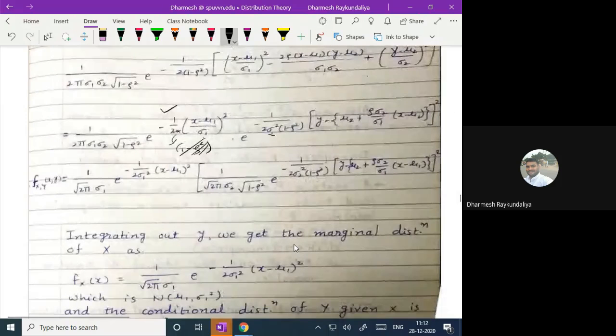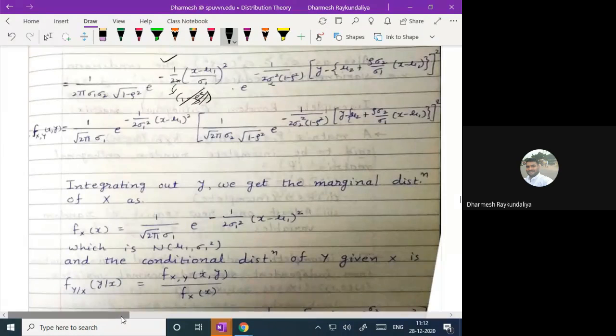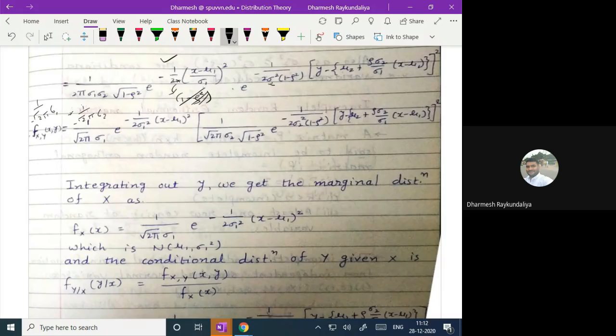Okay, so you have two different things. So now you can write this as 1 upon root 2 pi sigma 1 into 1 upon root 2 pi sigma 2 into square root of 1 minus rho square. That quantity, if you write it with this and this quantity with this, it is nothing but, you can write in this way: 1 upon root 2 pi sigma 1 e raised to minus 1 by 2 sigma 1 square (x minus mu 1) square, and this is 1 upon root 2 pi sigma 2 square root of 1 minus rho square, and this quantity.